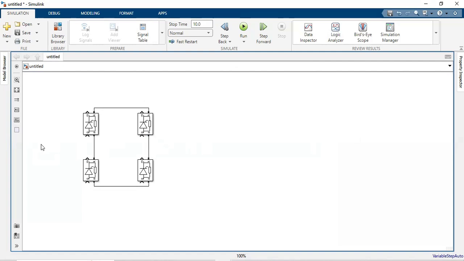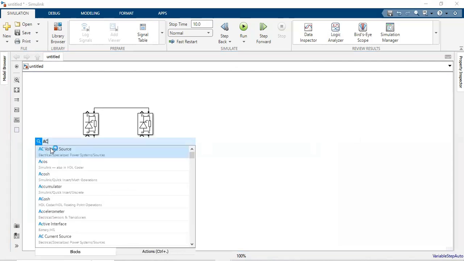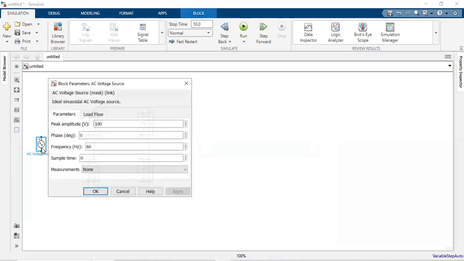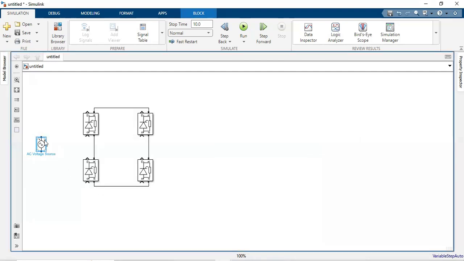And then we need to have an AC voltage source. Let us change the voltage to 200 volts and the frequency to 50 Hertz. And we need to connect the voltage source to the input of the bridge.